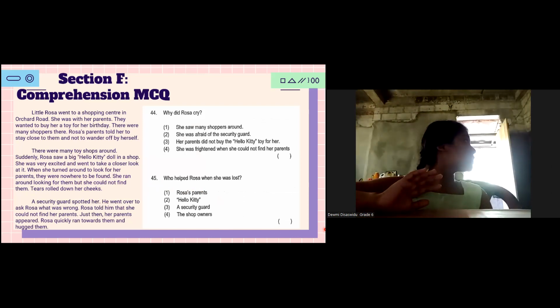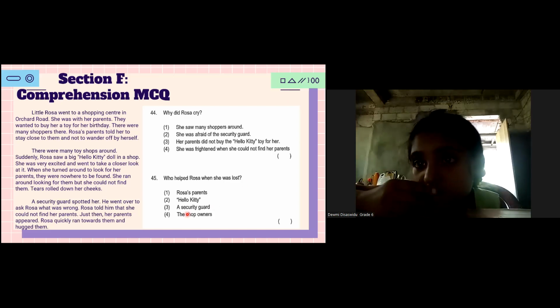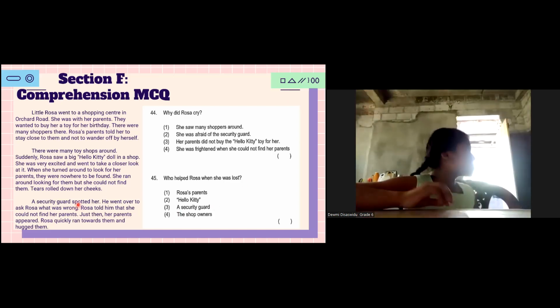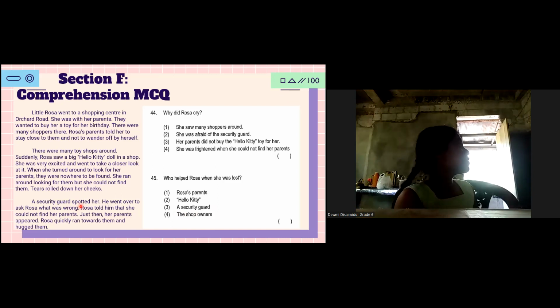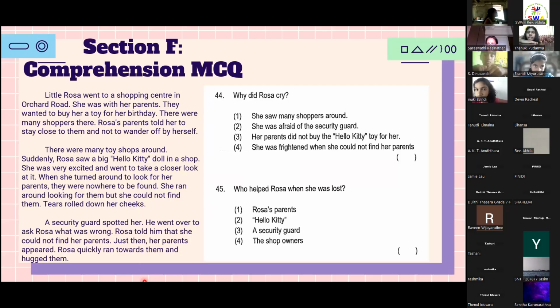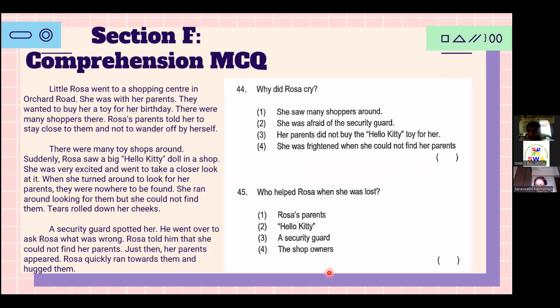Can somebody else read, please? Rashmika, can I have Rashmika to read the last paragraph? Ashmita, can you unmute yourself, please, and read? All right, okay. And I have Pinidi. Pinidi, can you try reading the last paragraph? Yes, go dear. Thank you. Security guard spotted her.